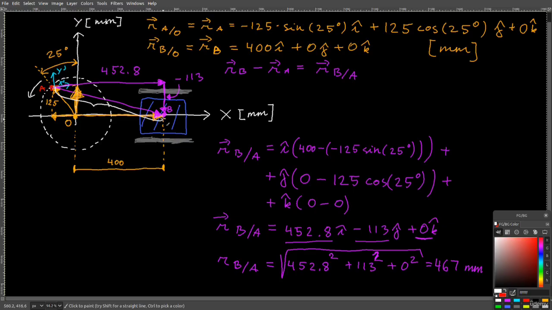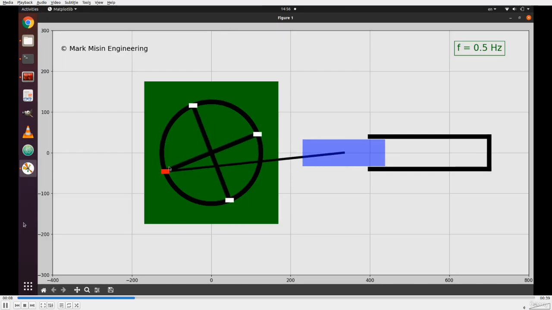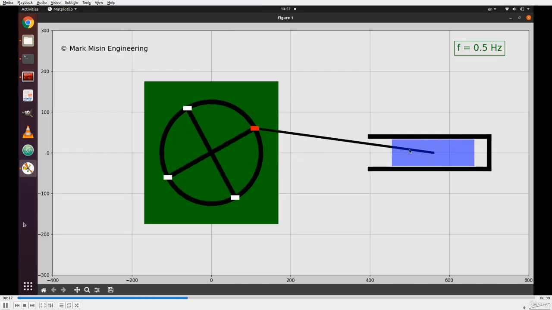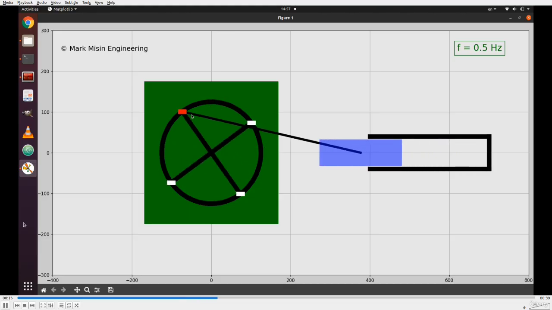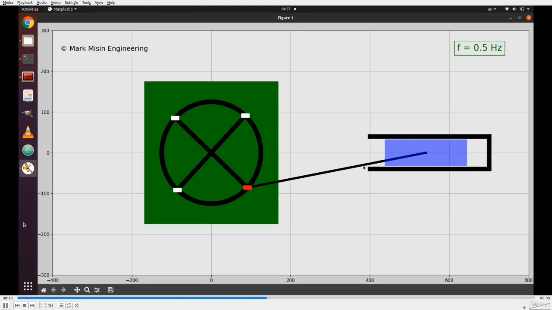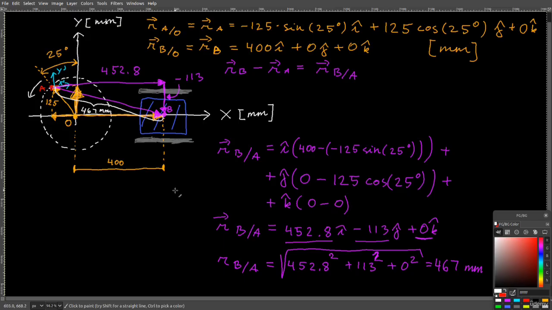The length of your connecting rod is 467 millimeters. So when you go from this red point till the middle of this piston, then this connecting rod, its length is 467 millimeters. And as you can see, it was very easy to find using these vector concepts.